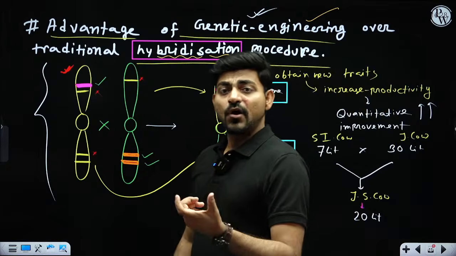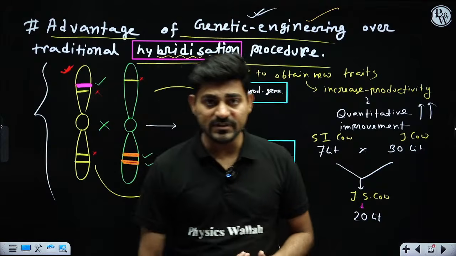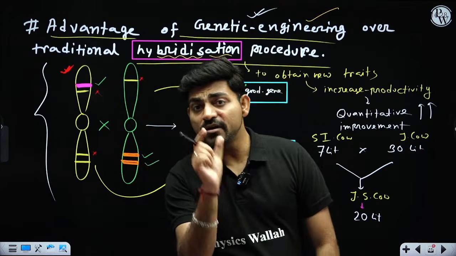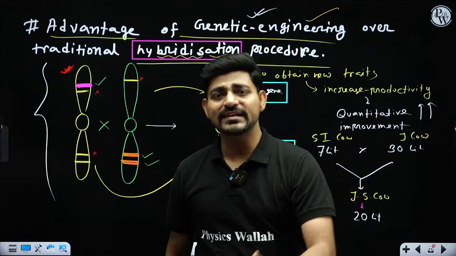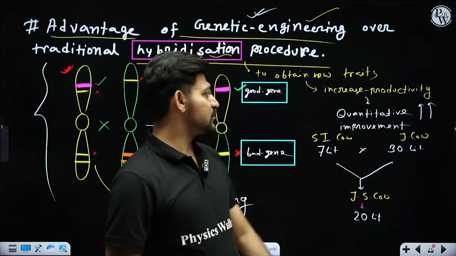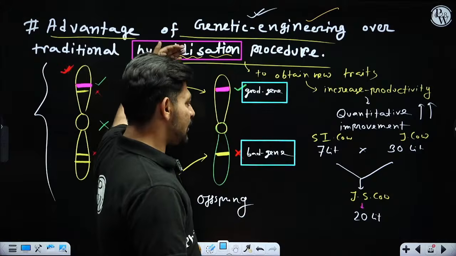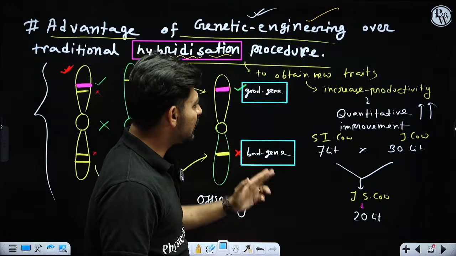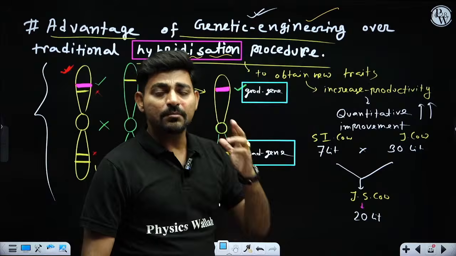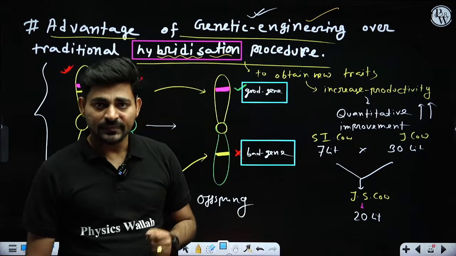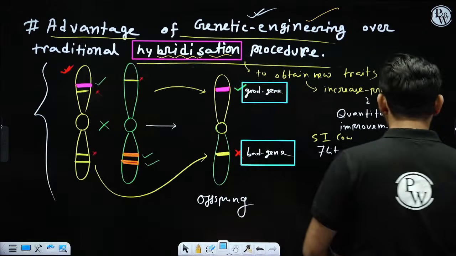Now you are very much target specific. You want only the good genes to be inherited to the next progeny. So in that case you have to omit the traditional hybridization technique and you need the help of biotechnology, right? And how will biotechnology help you?